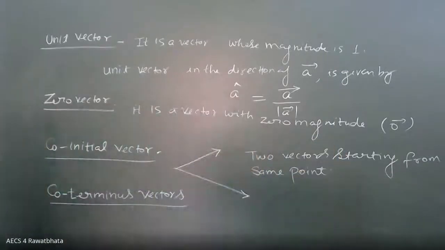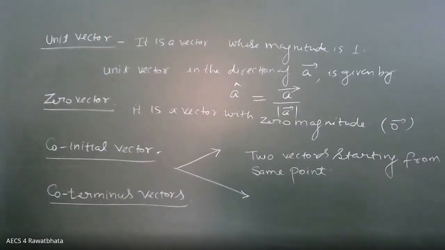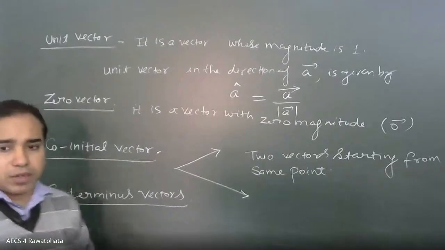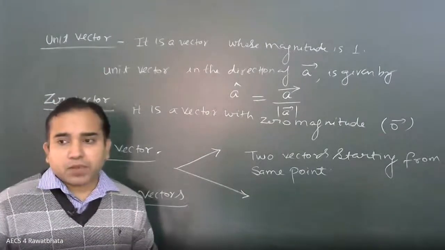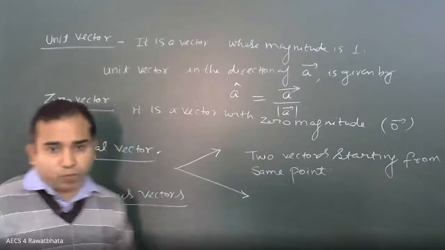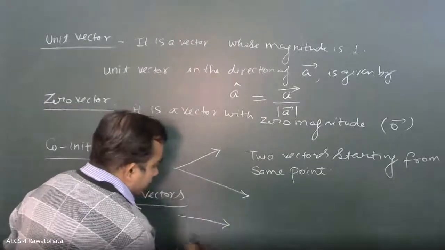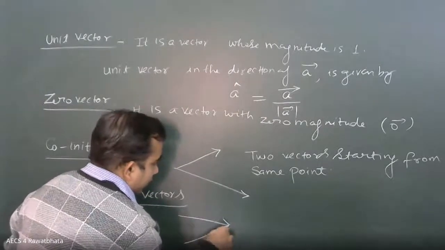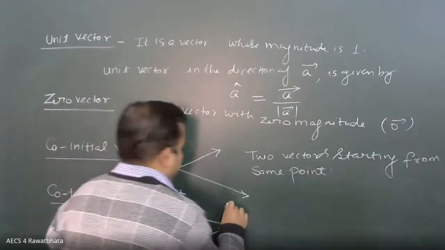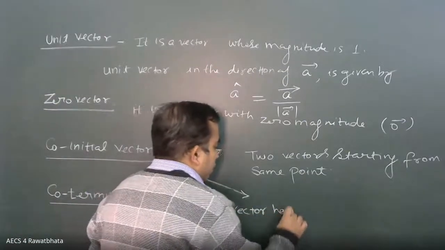And similarly, co-terminus vectors: terminal means endpoint. So co-terminus vectors means two vectors having the same endpoint. Like this, one vector is this, other vector is this. These are vectors having the same endpoint.